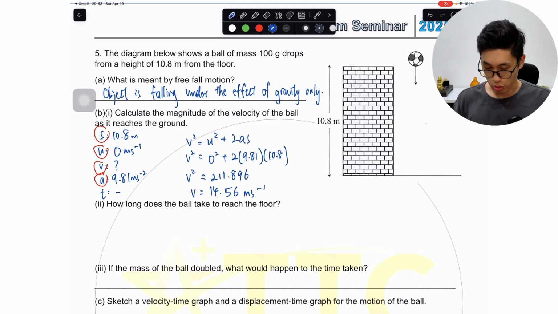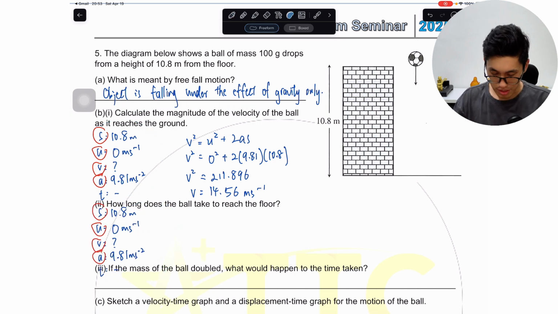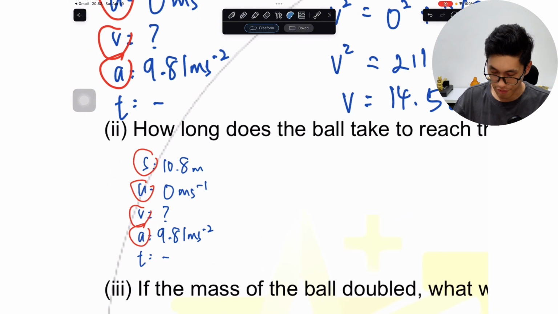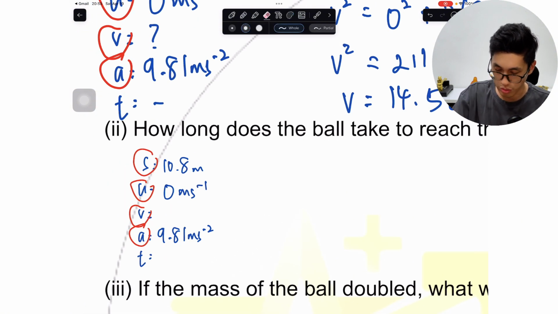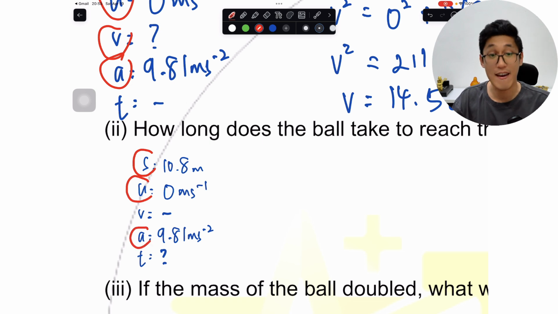Then the next question: how long does the ball take to reach the floor? You can basically write back the same thing, but this time, instead of trying to find V, you are trying to find T. So instead of using SUVA, you now use SUA and T, the thing that you're trying to find.